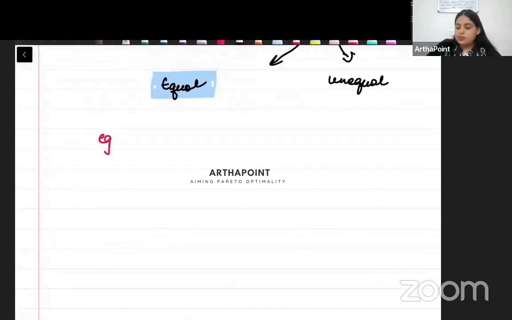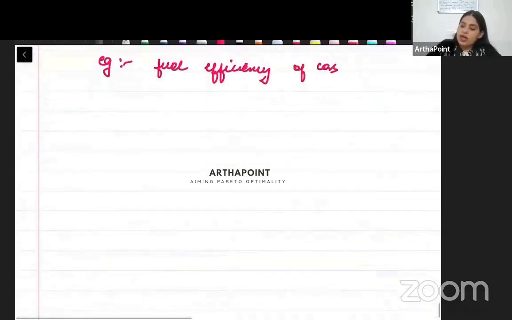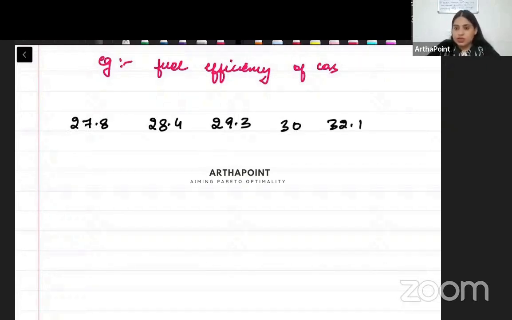Suppose you're given some data set on the fuel efficiency of cars. ऐसा कुछ माइलेज के ऊपर डेटा सेट है कि हाउ एफिशिएंट योर कार्स आर, राइट? And in this beta, you're given some values, and values are like this: 27.8, 28.4, 29.3, 30, 32.1, ऐसा करके कुछ दी हुई है suppose.